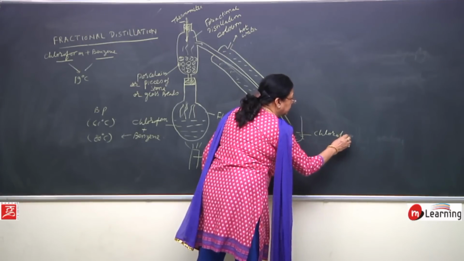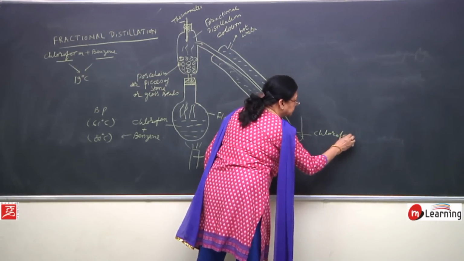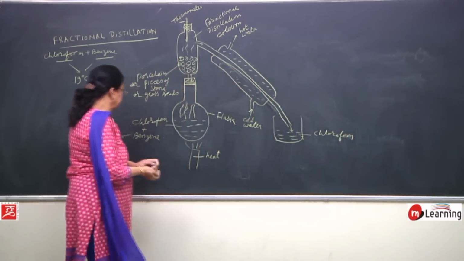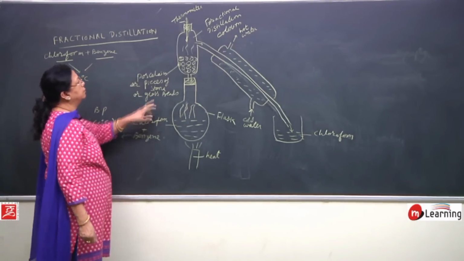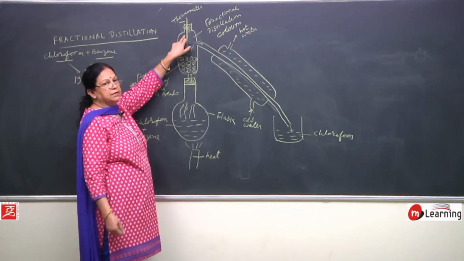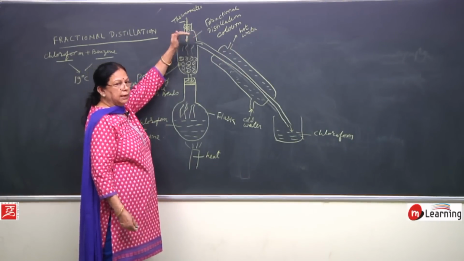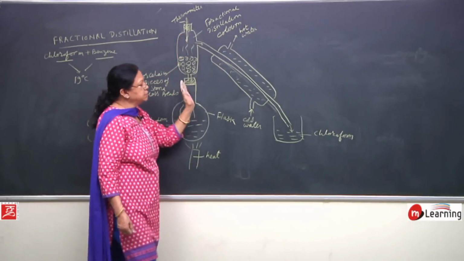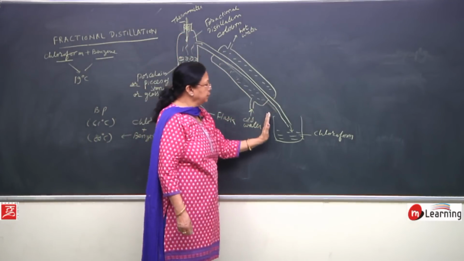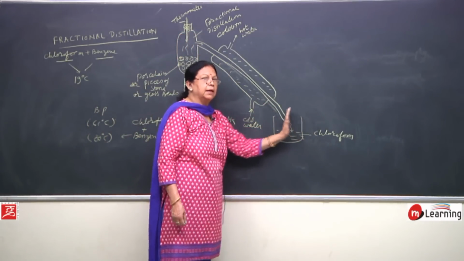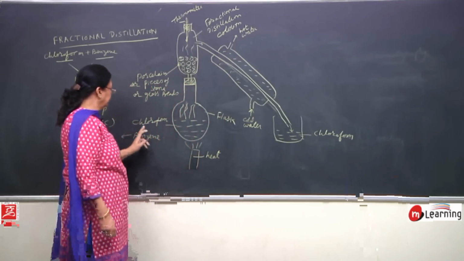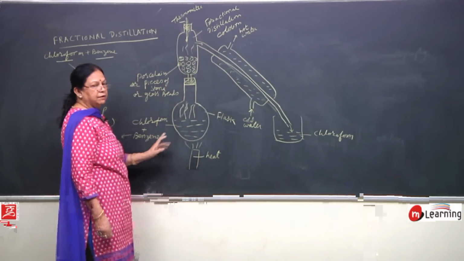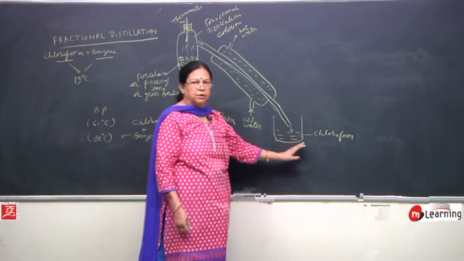Till you get all the chloroform, till that time the temperature will remain the same on the thermometer. As soon as the temperature rises, you take off this beaker and take another beaker, and that will give you all the liquid benzene.